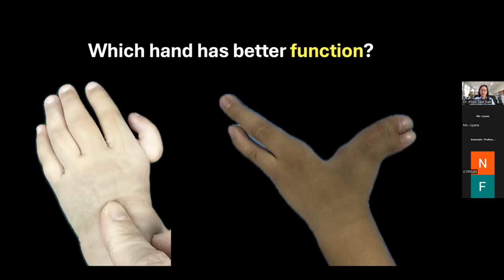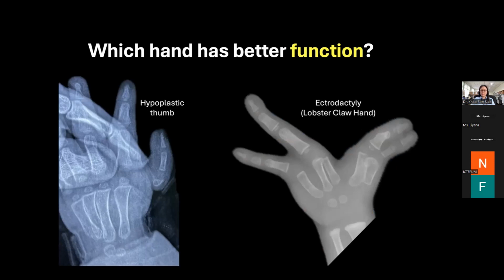The hand on the left does not have a functioning thumb. It's a floppy thumb, so we call it a hypoplastic thumb. And the one on the right is a lobster claw hand. But the one on the right actually has much better function. The thumb itself provides 40% of the hand function. So the child can do almost everything, just like you and me, it just doesn't look good.